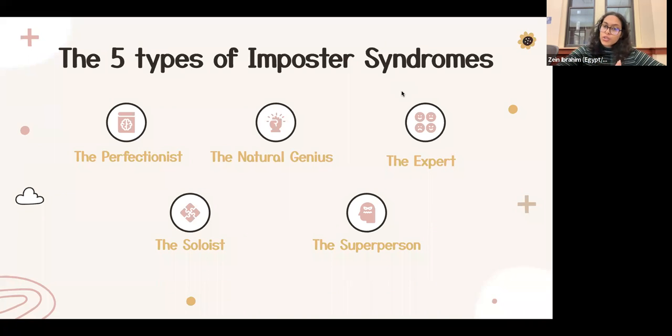The third imposter syndrome is the expert. The expert feels like an imposter because they don't know every single detail or everything there is to know about a particular subject or topic. For example, they usually prepare themselves fully by diving into books or courses or trainings.